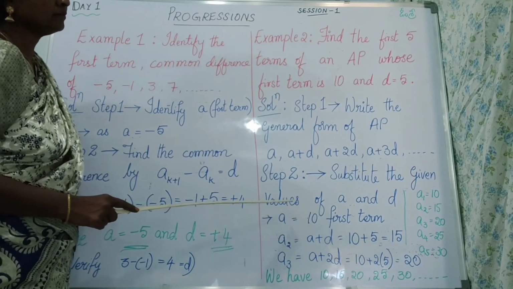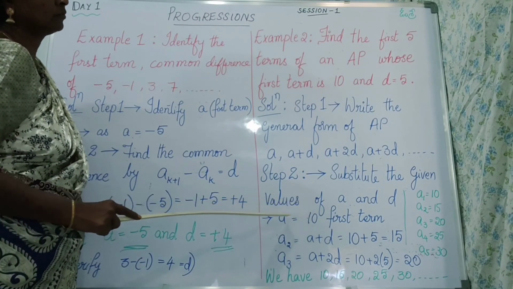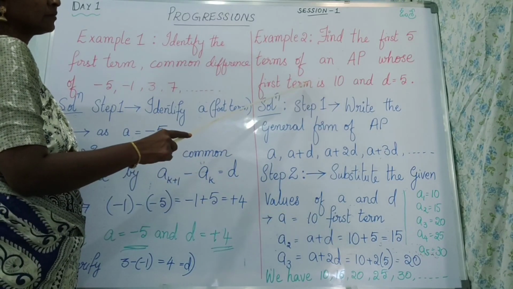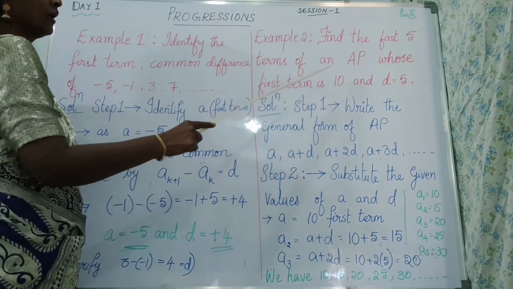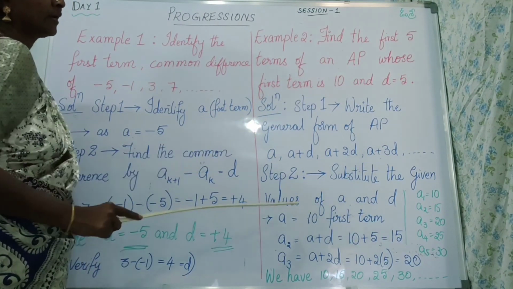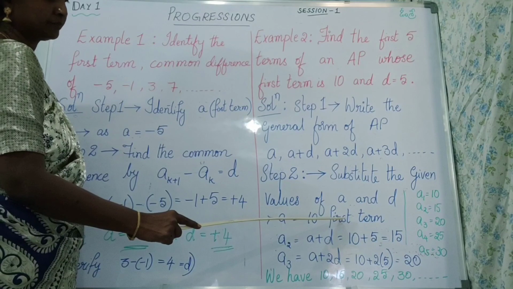So substitute the value of small a as 10, because it is given that the first term is 10.